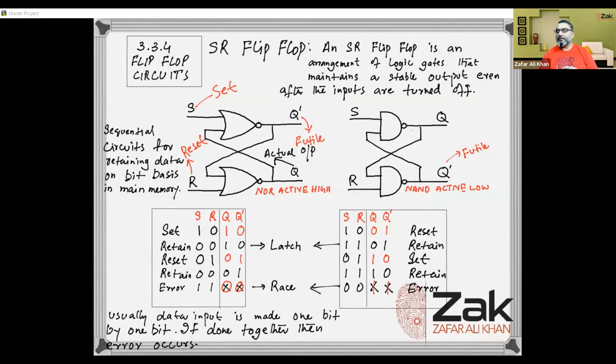All right. So where do we use these sequential circuits? Mostly to retain the data, and then you can relate it. This is now the computer's memory where you are actually keeping the data. So the memories are made up of these flip-flop circuits.